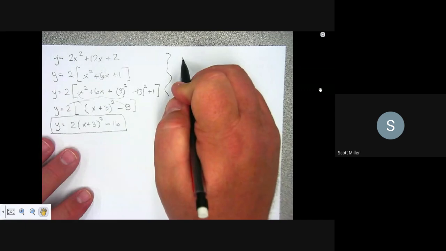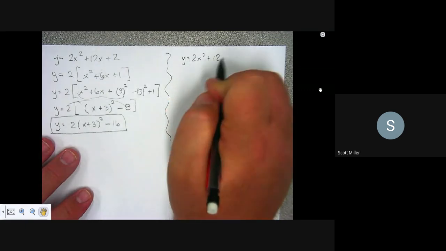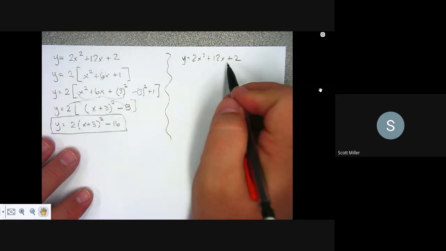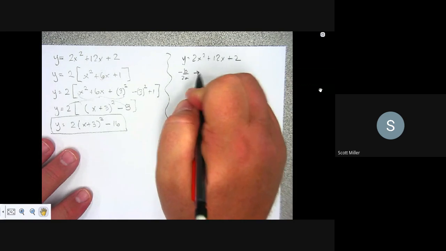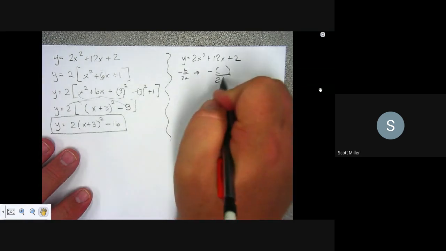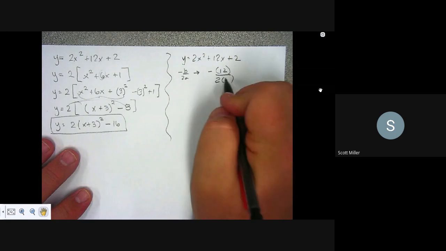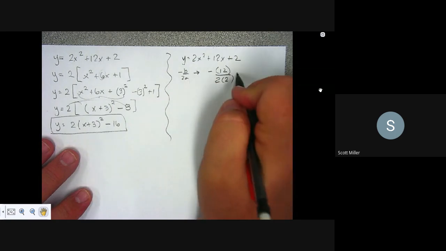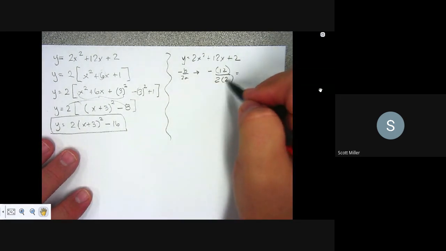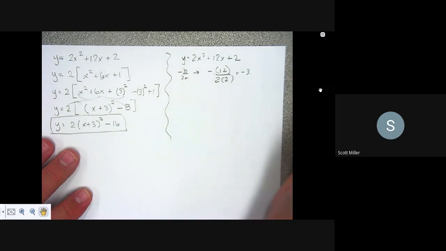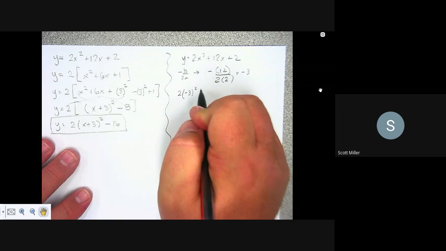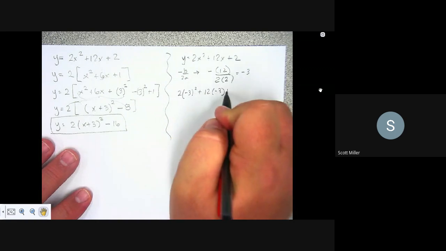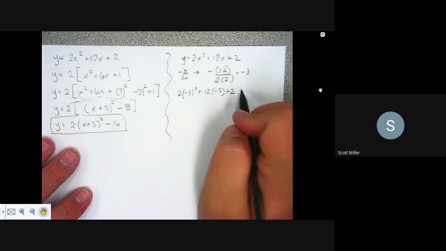So here is my method. My method requires me to find the vertex, so that means I'm going to use negative b over 2a. Okay, and in that process, b is 12, and a is 2. And so this right here is going to be negative 12 divided by 4, which is negative 3. I'm going to take negative 3, and I'm going to plug it back in and find the y value that goes with it.